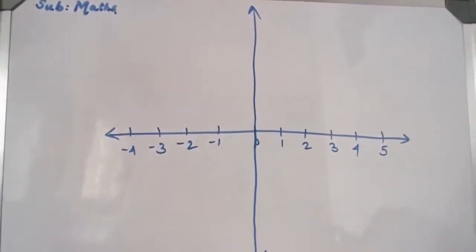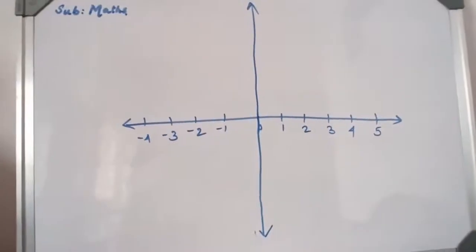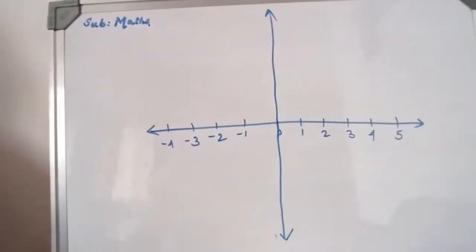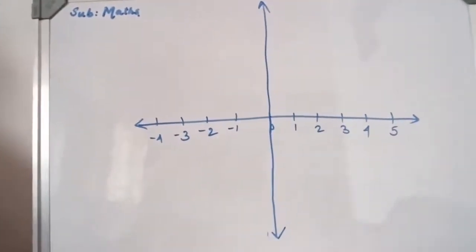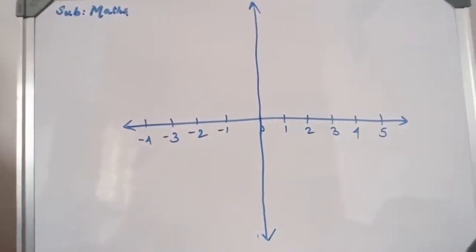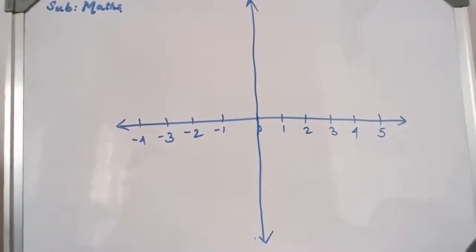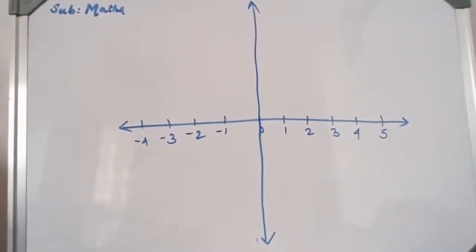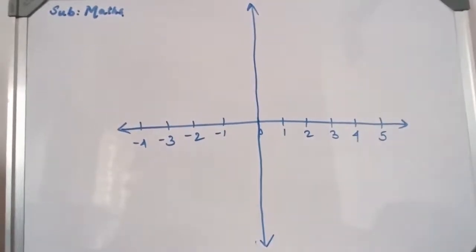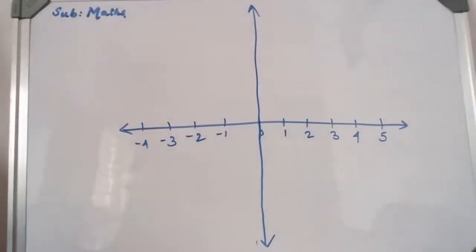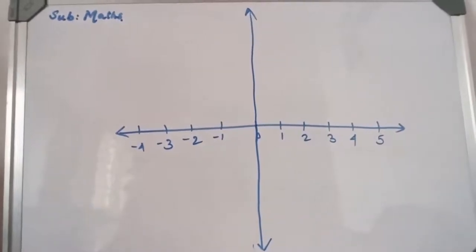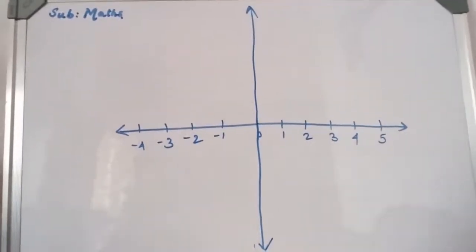Now why do I do so? Why do I need to bring both the number lines together? Why do I need to learn coordinate geometry? To find a location, like when you're moving your fingers on your mobile, you need some reference.